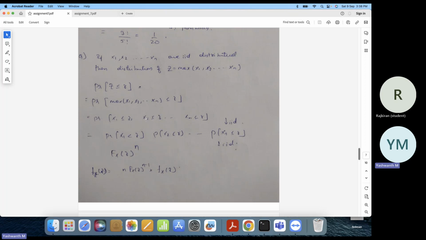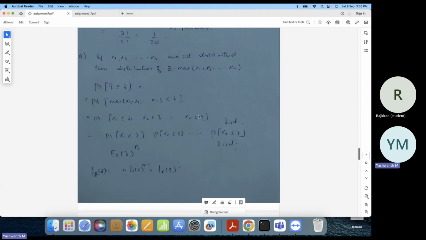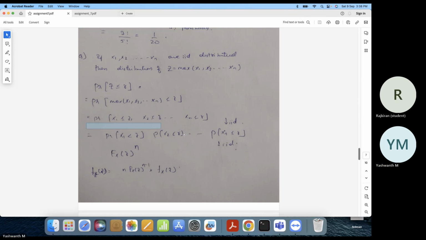That means each one has to be less than z. Right? So far, no assumption has been made on IID or whatever. So far, this is generic up to this point. Okay, and because they are independent, you can write it like this.